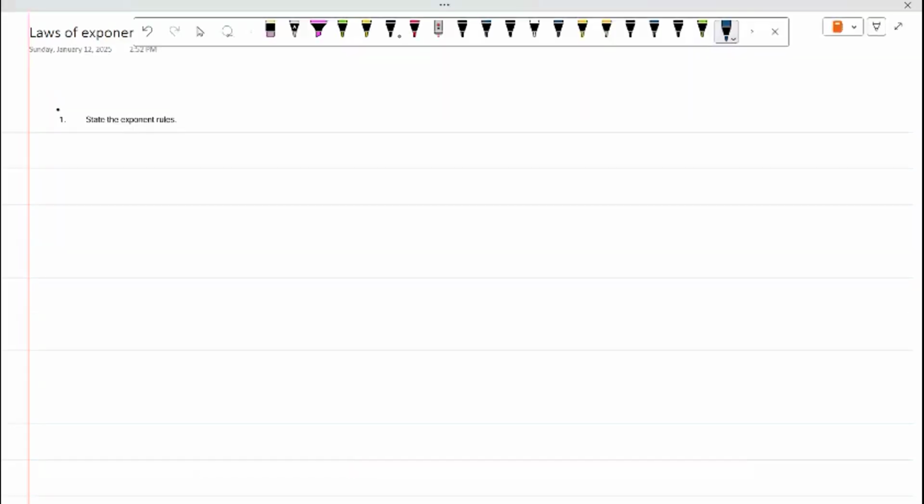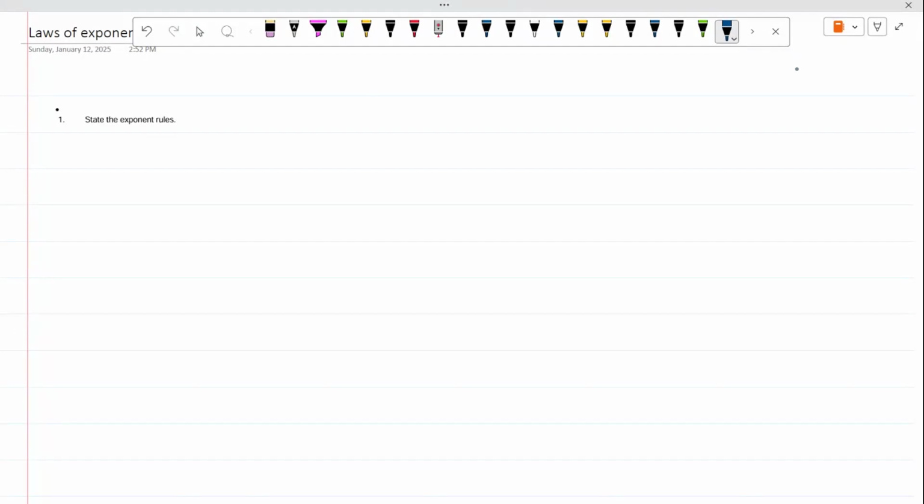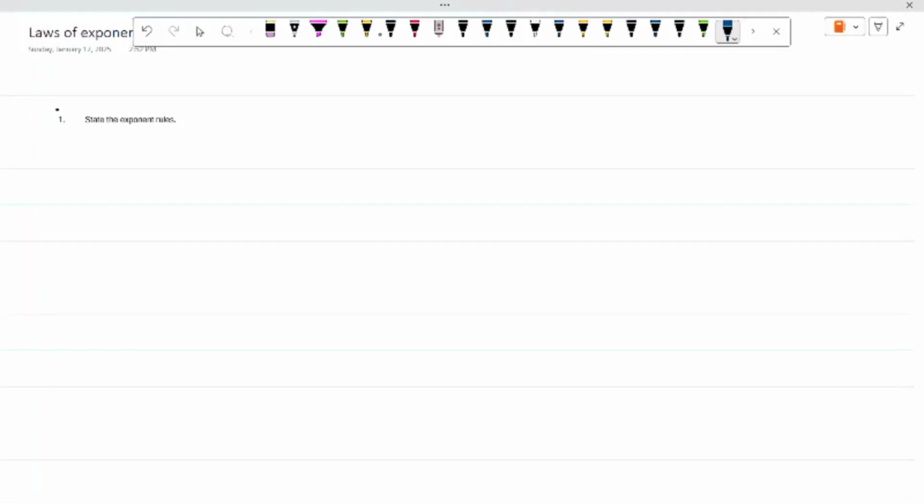So guys, we are going to start by stating the exponential rules, right? The first one we are going to start with is when you are multiplying powers of the same base. First and foremost, let me introduce what a number expressed as an exponent looks like.